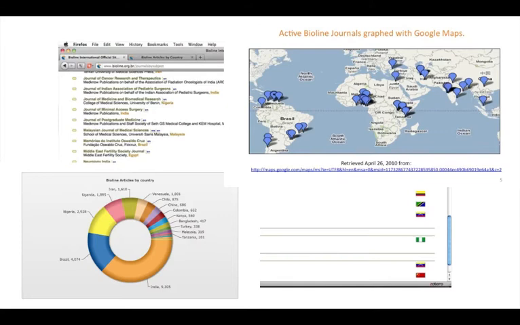And we're also able to link into many libraries around the world through different networks, and this is a way to expose the research from these various journals. So really the ultimate goal is to increase the visibility of our participating partners.